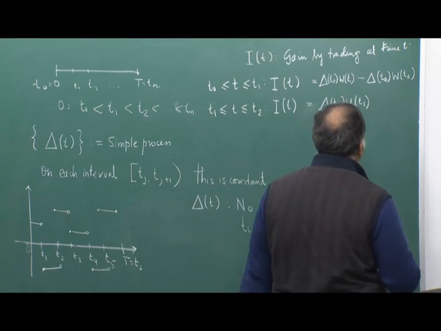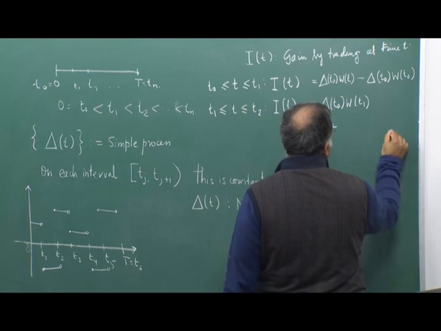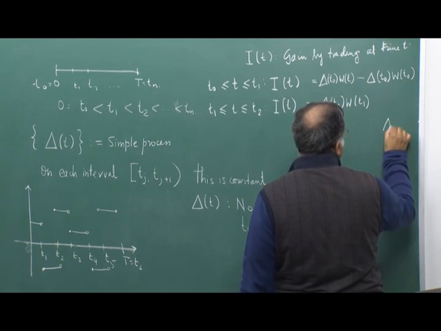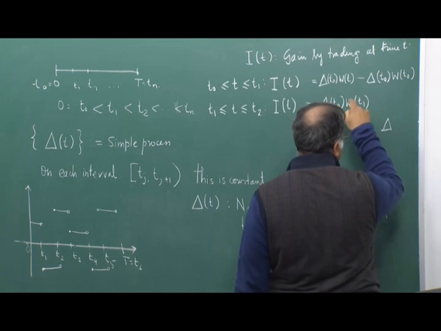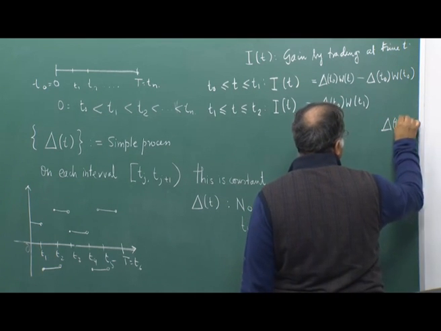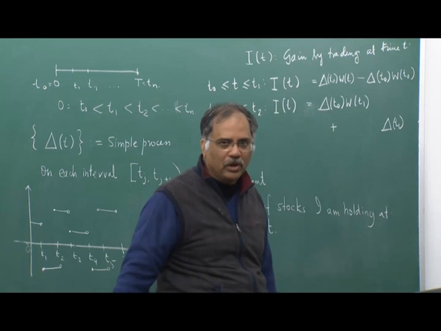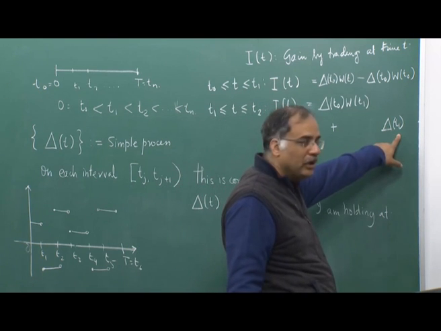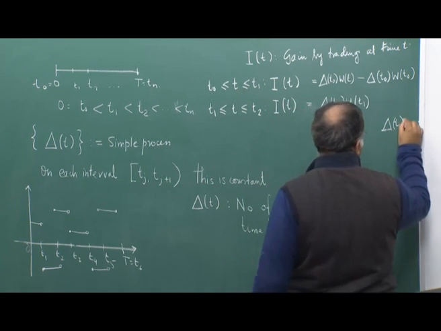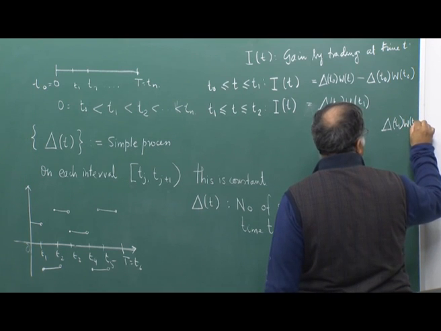Then I buy a stock with this money that I have got. I have bought a stock, delta t1, at time t1, paying price Wt1.